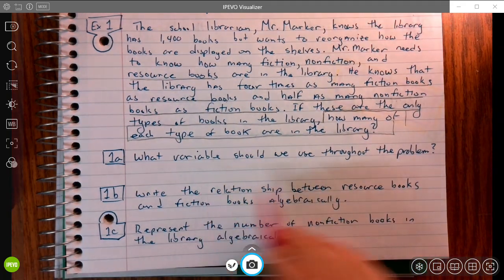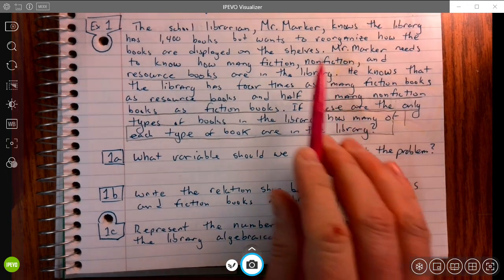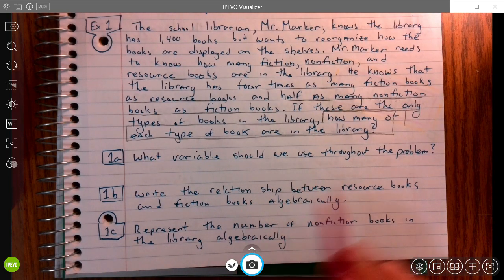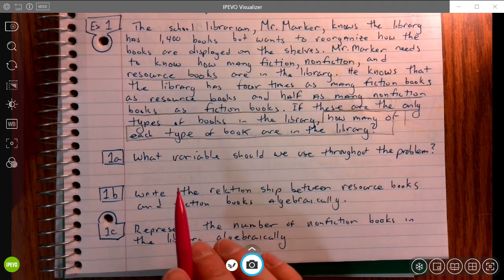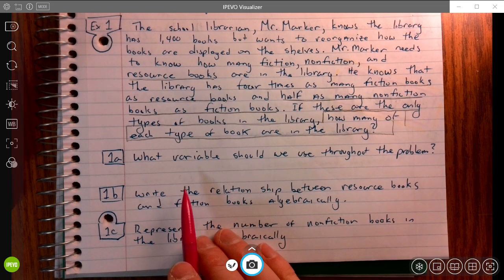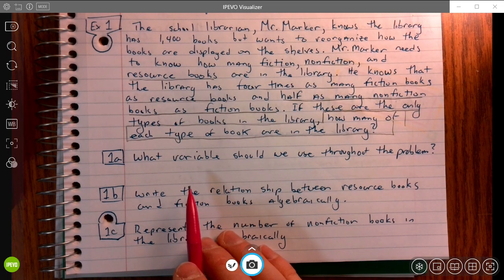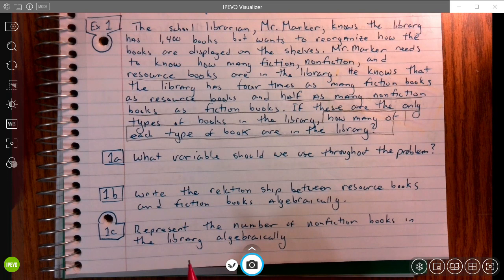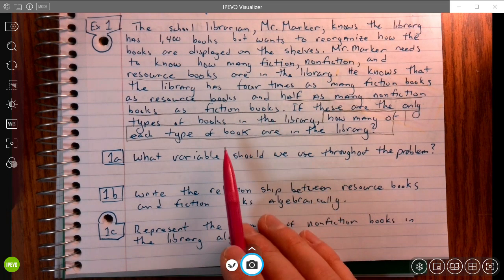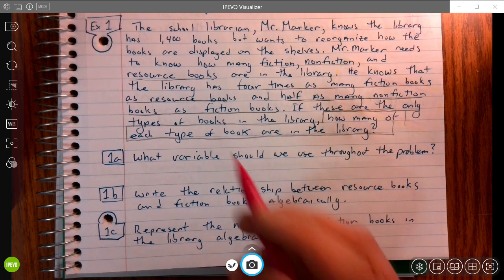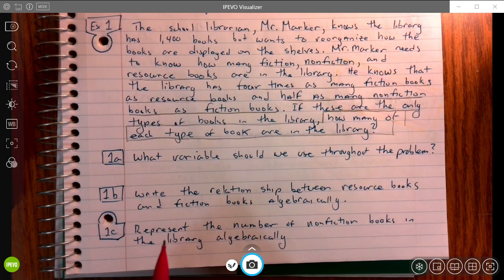So we're going to assign a variable that we're going to use throughout this problem, and we're going to come up with some different expressions to figure this out. So if we're going to assign these books a variable, we should probably choose a variable that represents the fewest amount of books, okay? And if we look back at the question, we know that the fewest amount of books is probably going to be resource books, okay?